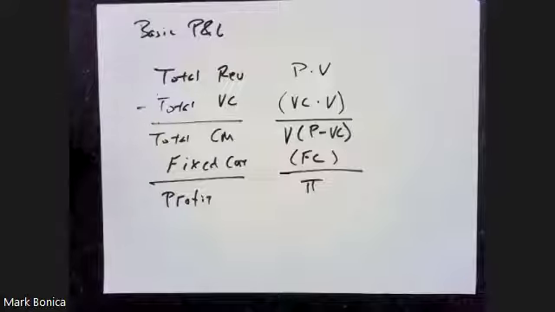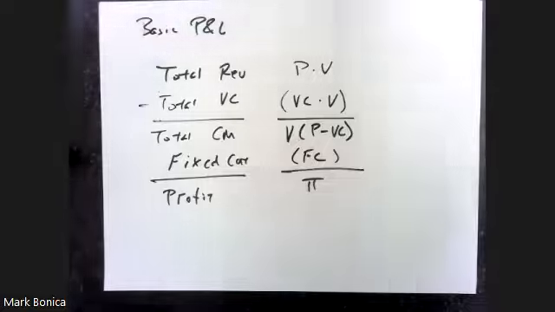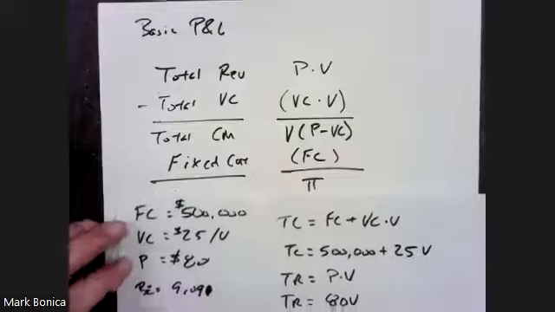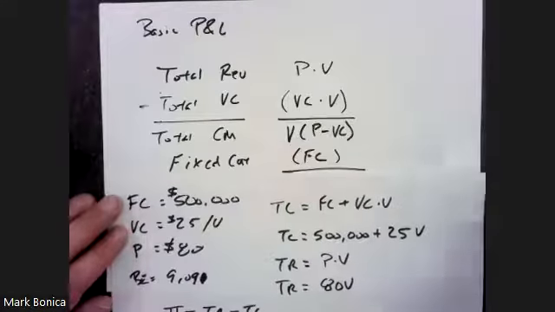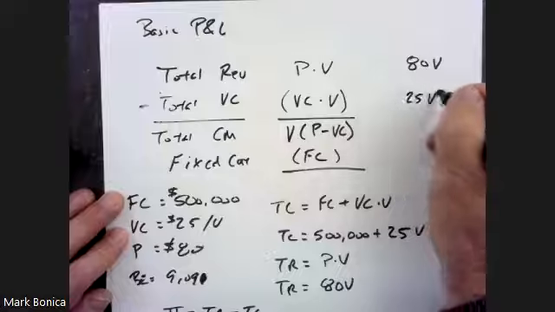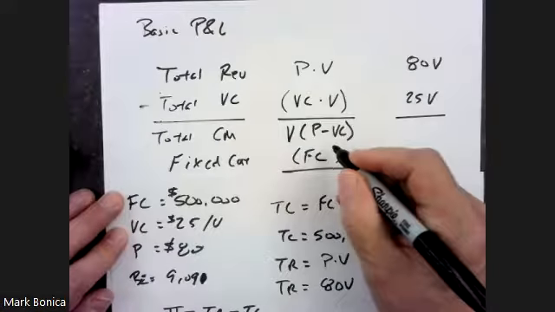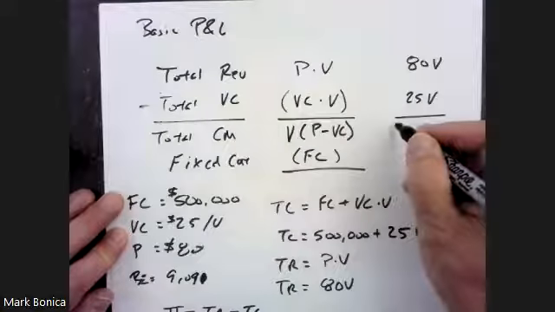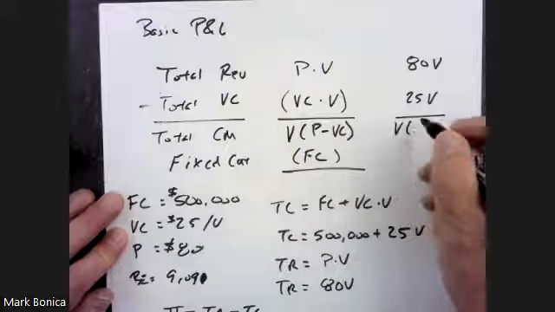So let's plug in our clinic example. Okay, so at the top, we have 80V, then variable cost, 25V. Total contribution margin is V times 80 minus VC, or 55, which I could have just said was 55V.